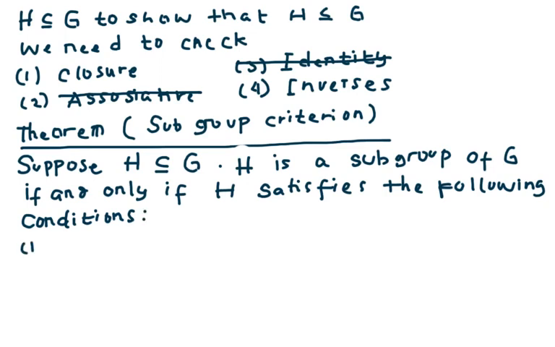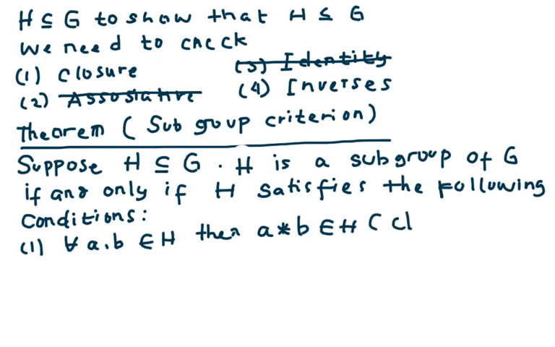Okay, the first one is for all A, B in H, then A star B, so this is a binary operation star in H, is in H. So this is for closure.